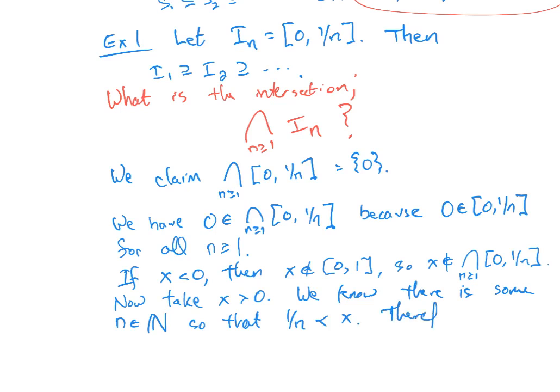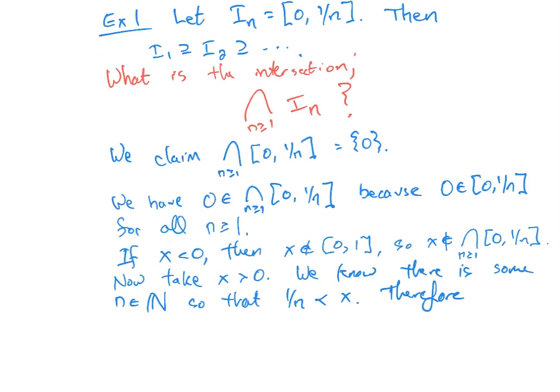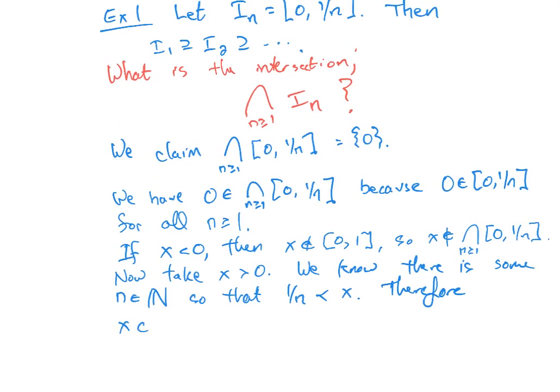Therefore, x is not in the intersection. I guess we can call it a proof and we put a QED at the end.